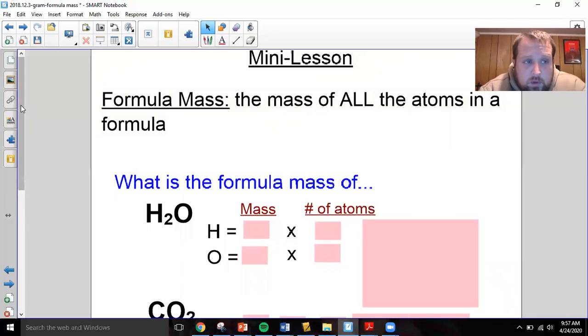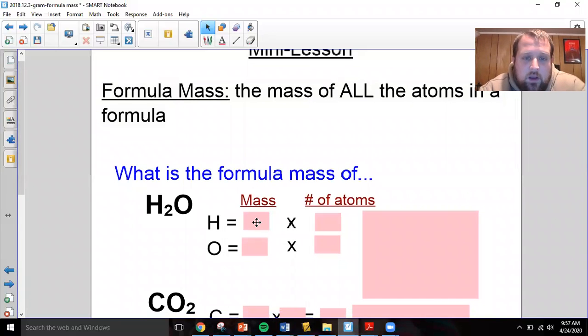So to find the formula mass of water, first I would say, okay, hydrogen has a mass of 1, oxygen has a mass of 16. Then I'm going to go back to the formula and look how many atoms of each type do I have. So I have 2 hydrogen atoms, and they each have a mass of 1. And then since there's no subscript, I only have 1 oxygen atom.